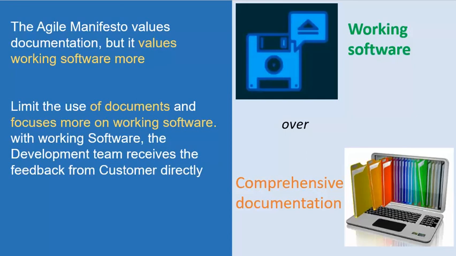Whereas in some of the other models like the waterfall model, comprehensive documentation and requirements were done, design was done, and the customer is not even seeing your product until it comes to user acceptance testing. And comprehensive documents lead to only documentation if a project has to be stopped in between.